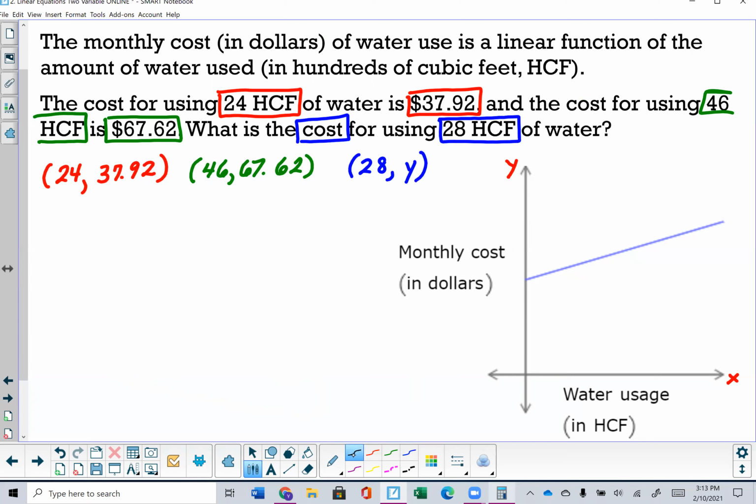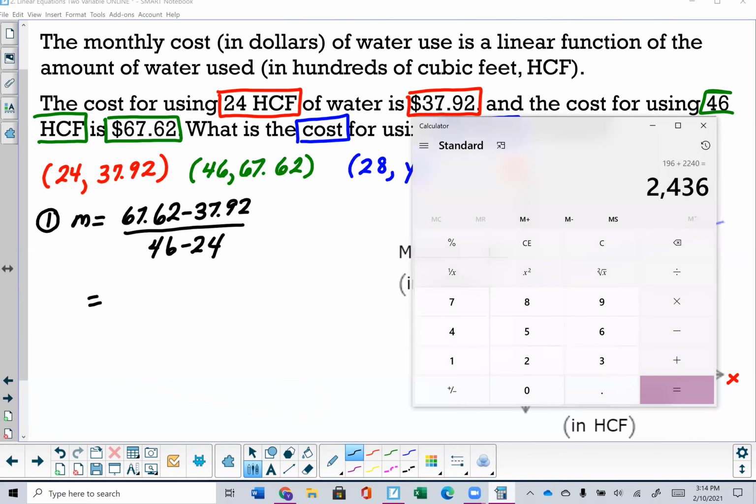Okay. So we have here 2 points. We'll find the slope. So y2 minus y1 will be 67.62 minus 37.92 over, and then 46 minus 24.